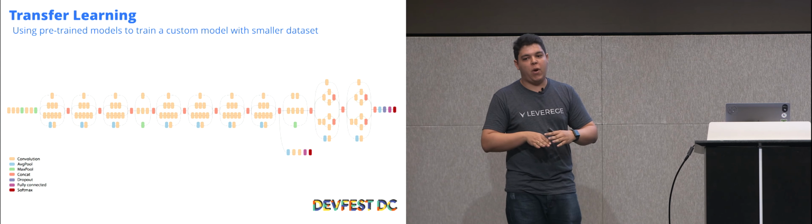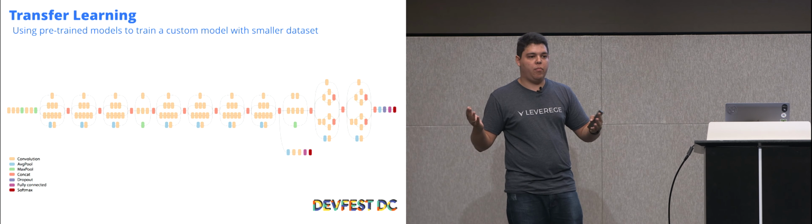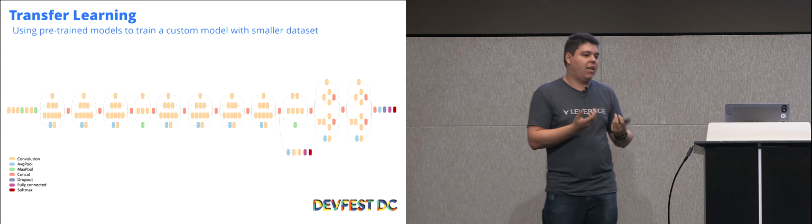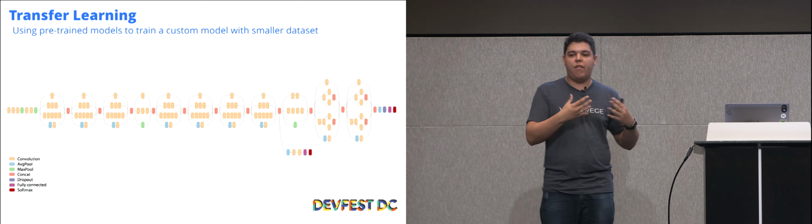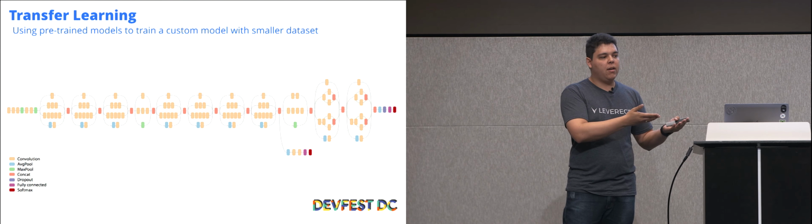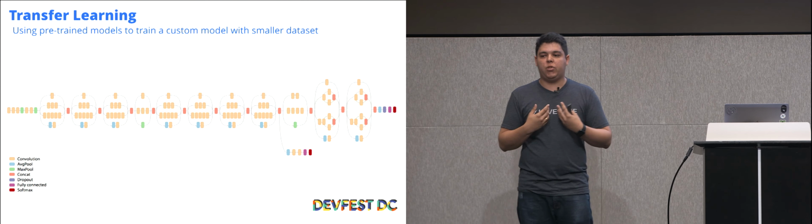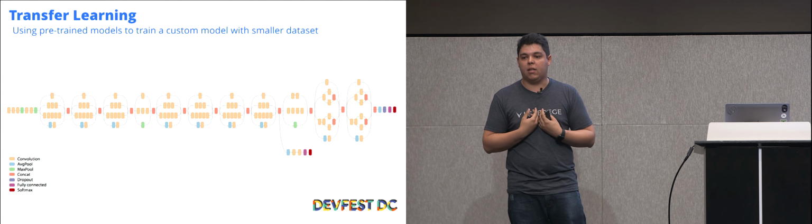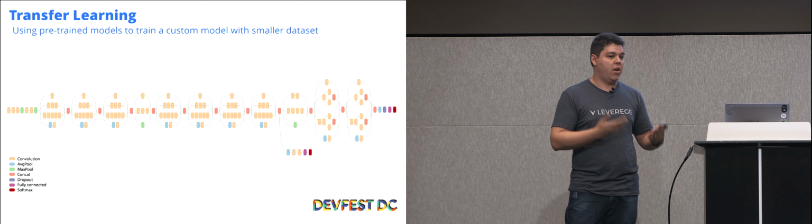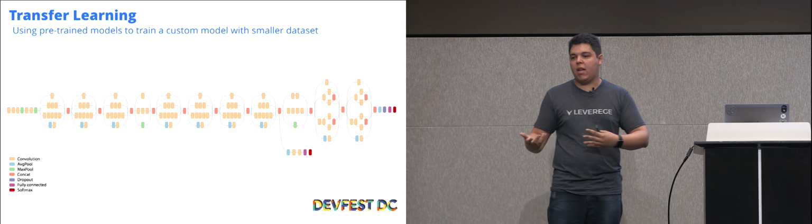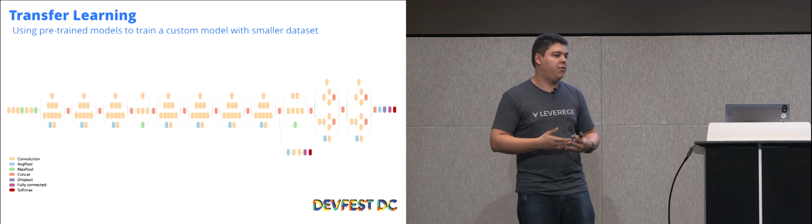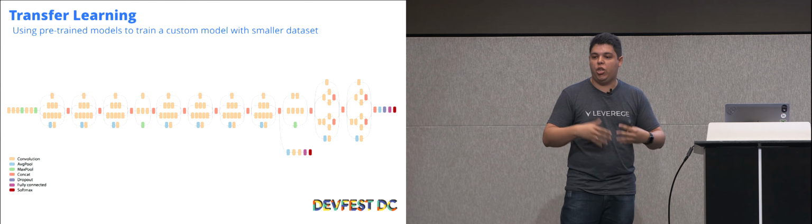So instead of training the whole model with just the small data set that I have, I can leverage the knowledge of that other architecture and train just the final layers with my own data. So that's the concept of transfer learning. That's why we can train a good image classification model without having a huge data set.